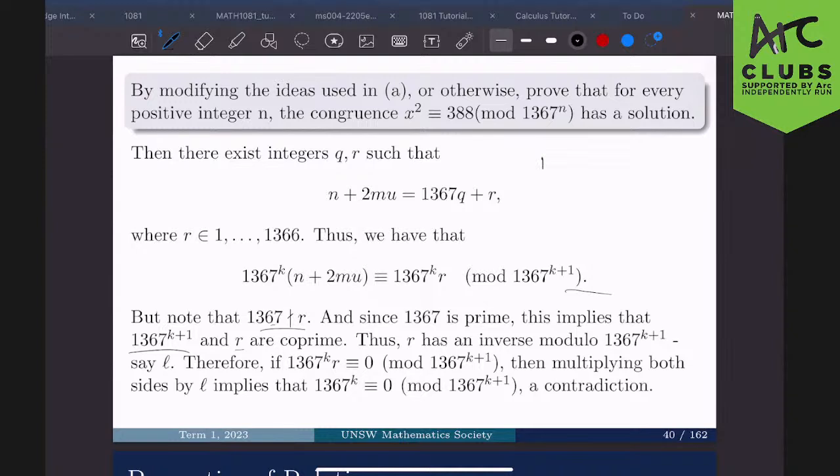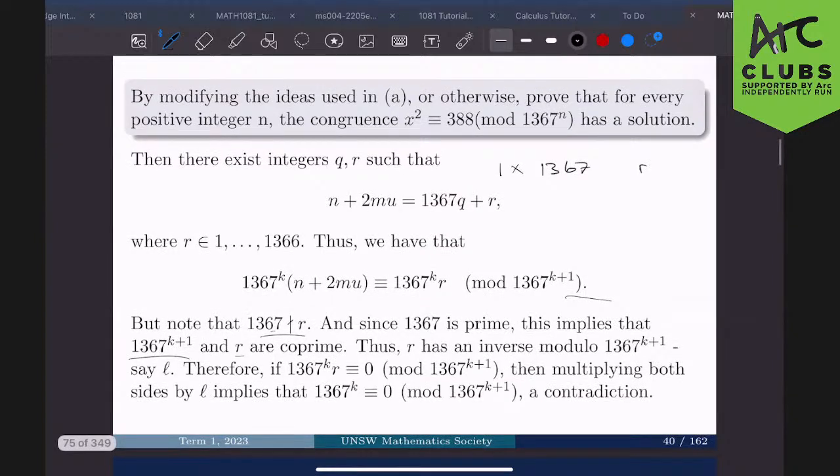Hopefully that makes sense, right? The only factors of 1367 are 1 and itself. So if you took this to a higher power and it does not divide r, then still, if you take this to a higher power, r and this higher power will still be co-prime.